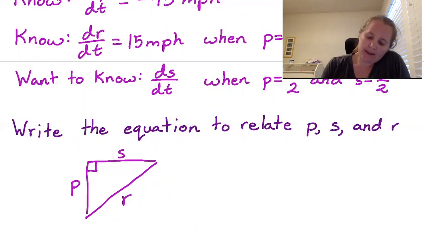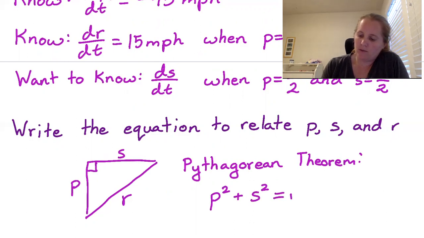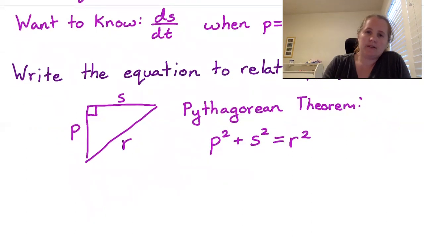So we can use the Pythagorean theorem, which tells us that p squared plus s squared should be equal to r squared. Once we have that, we can go ahead and differentiate with respect to time.